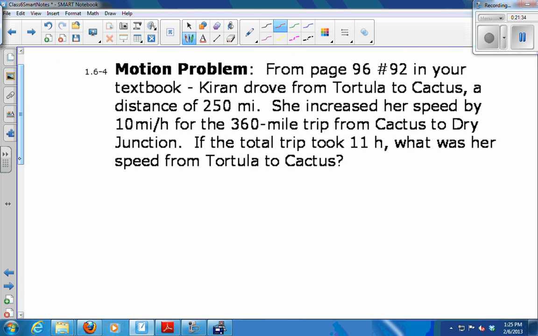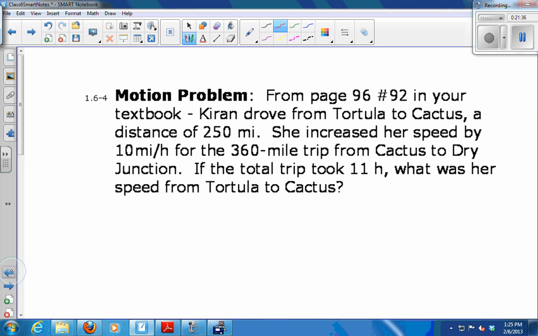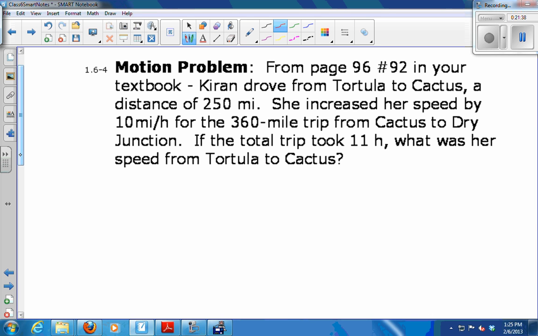Okay, so I think one more. We have a rate, time, and distance problem. So Karen drove from Tortula to Cactus, which is 250 miles. And then she went from Cactus to Dry Junction, which is 360 miles, and she went 10 miles per hour faster on this leg of her trip.